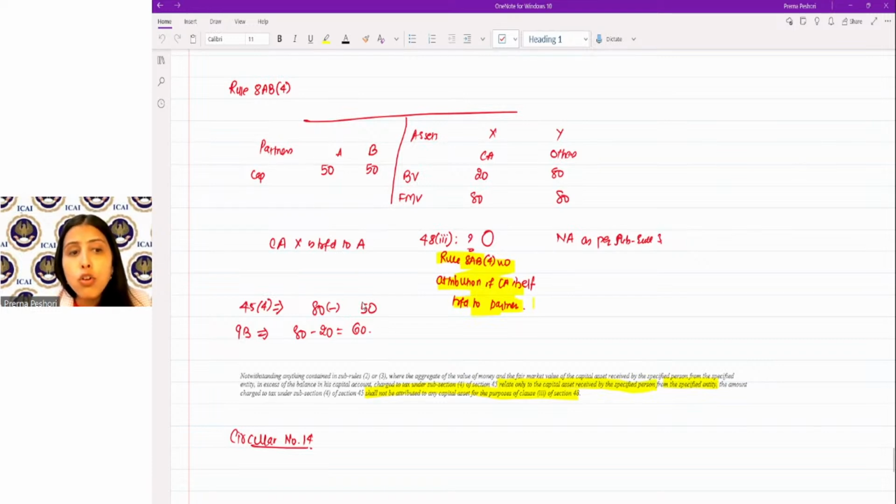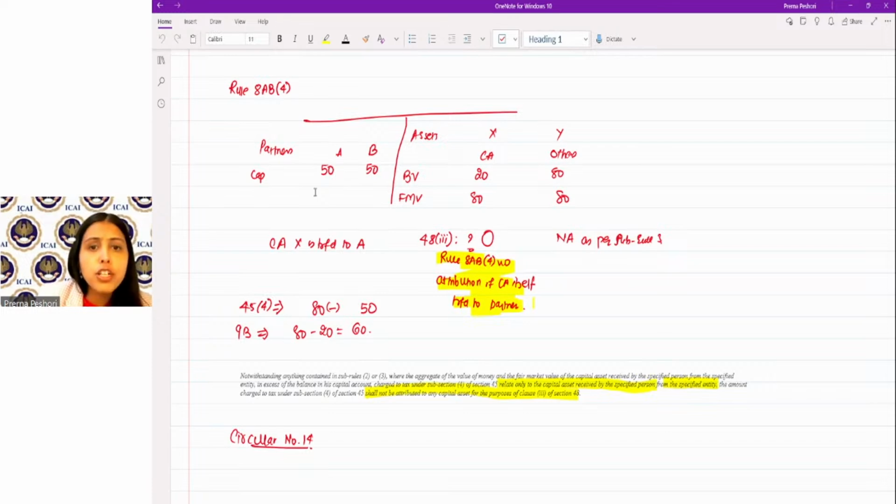There will also be 45(4). Are we clear? Now what will be 45(4)? 45(4) will be 80 minus 20. 80 minus 50, right?